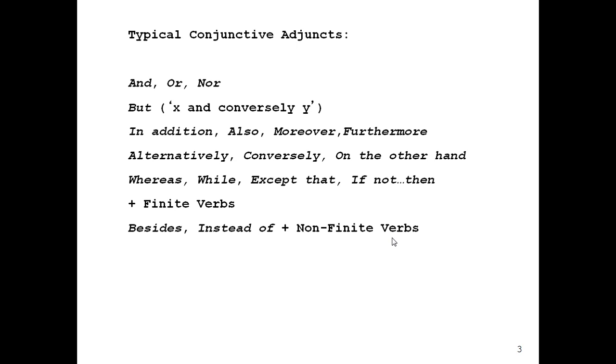Okay, here you have to pay attention, as I said, because while can also be temporal. And in that sense, it will introduce enhancement, not extension, as we shall see. But when it introduces an addition, something that happens at the same time in the sense that it's on the same plane, then it's extension, okay, and so on.